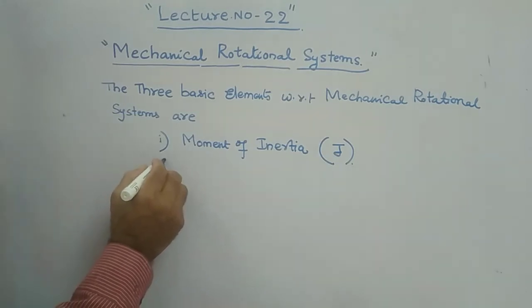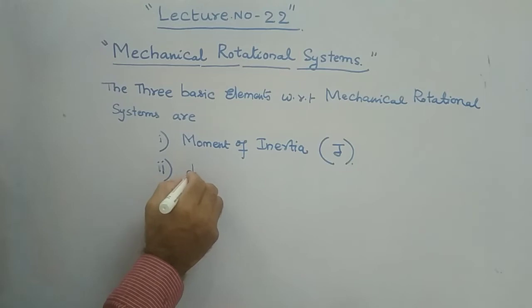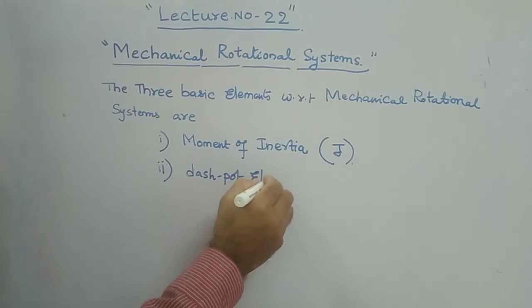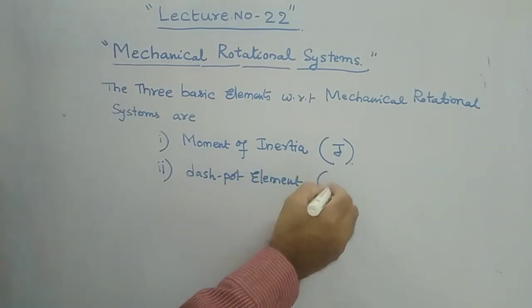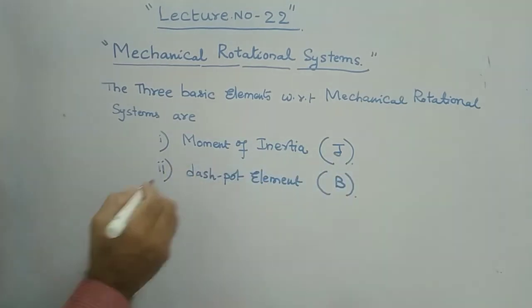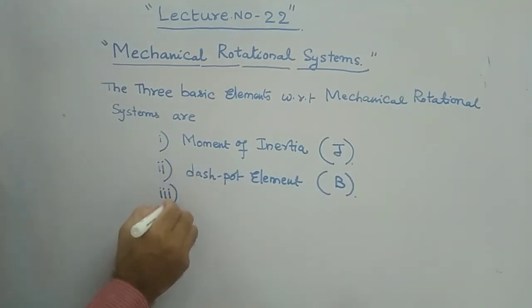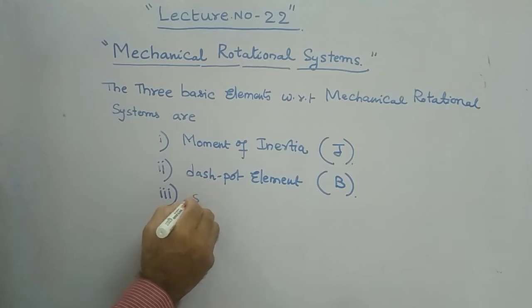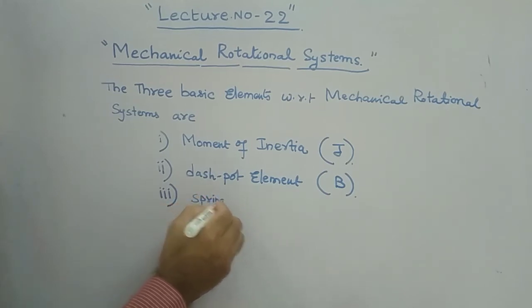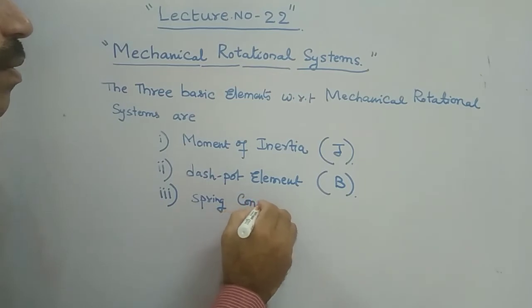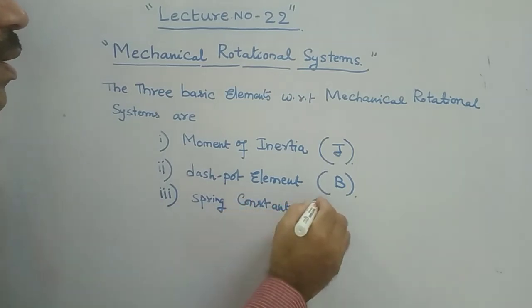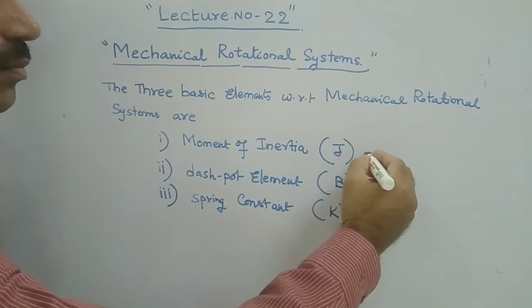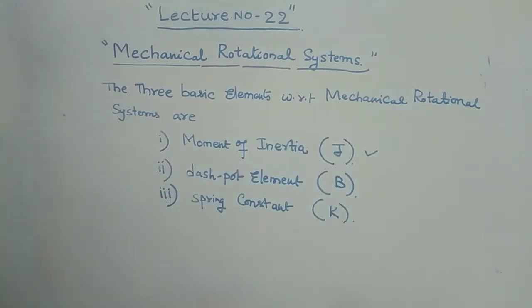The second one is, as usual, the dashpot element, same as we have seen previously. And the third one is the spring constant, called the torsional spring constant, or simply spring constant, again same as your K. Only the J differs.